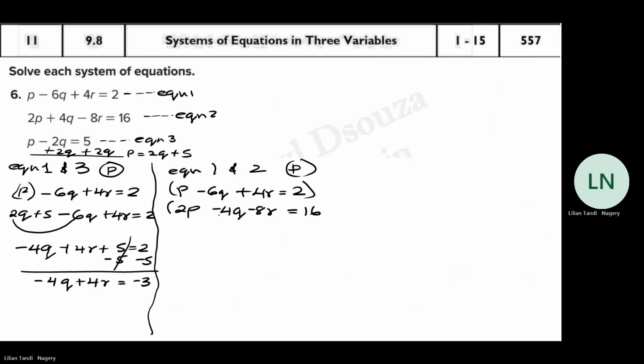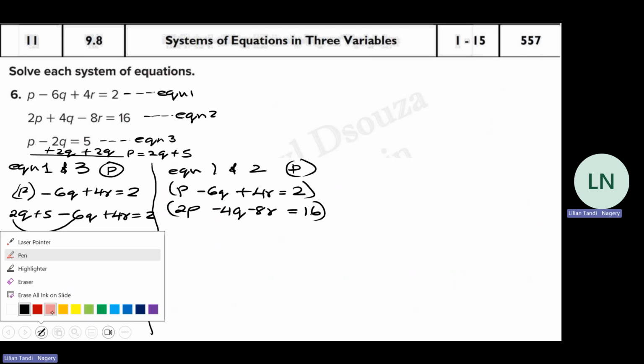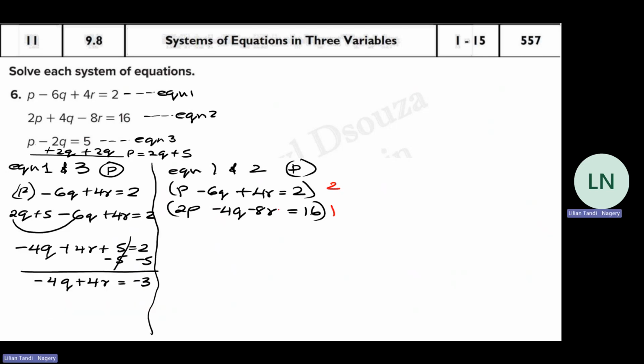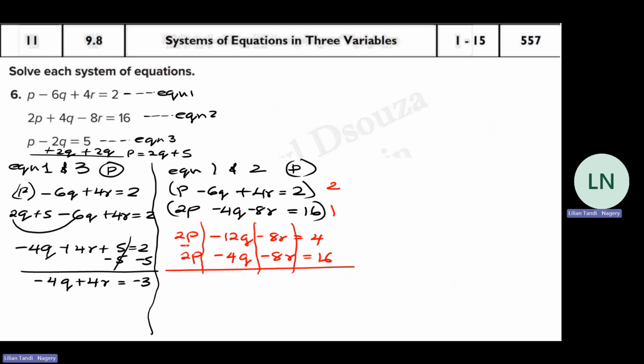So I will multiply by 1 here and by 2 here. 2p minus 12q plus 8r equals to 4. 2p minus 4q minus 8r equals to 16. This goes away by minusing, so this is 0. If I minus here, I will get negative 8q. If I minus here, I will get 0. If I minus here, I will get negative 12.